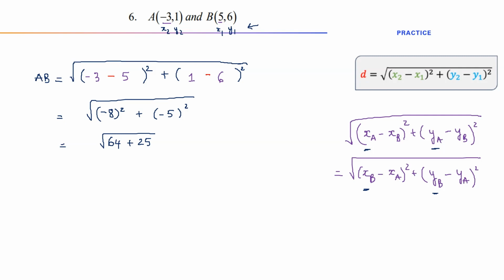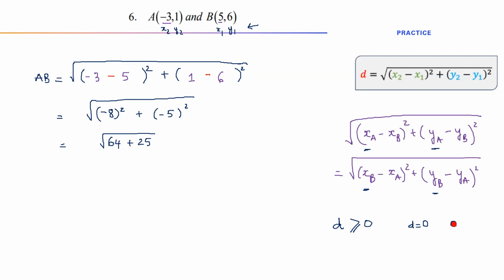One more thing to notice is the distance is always greater than or equal to 0. Always. If it's equal to 0, it means the 2 points are located at the same position. So the red point and the blue point are one underneath, one on the top, so they are in the same location.